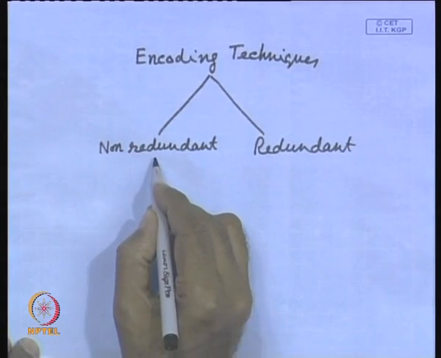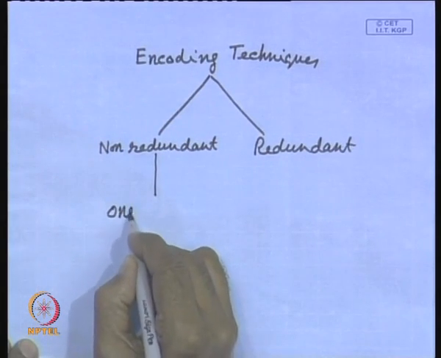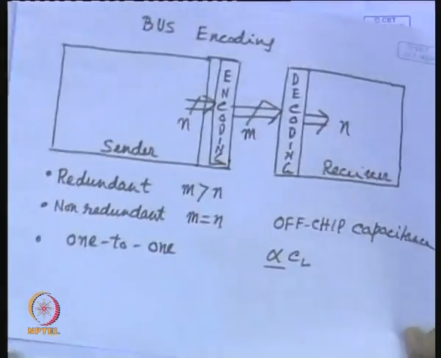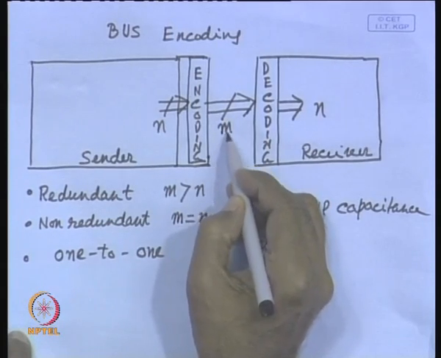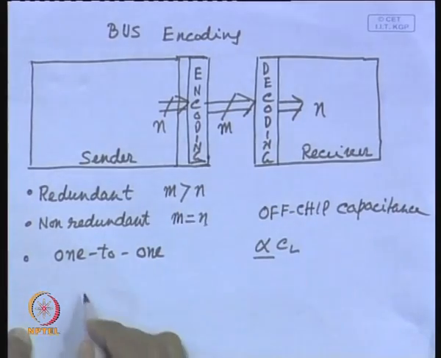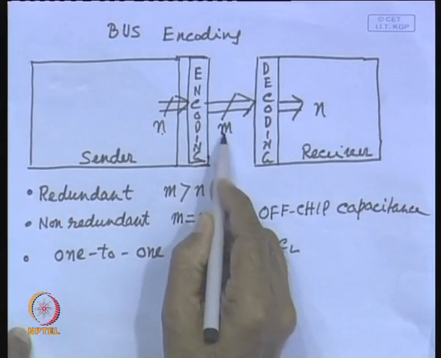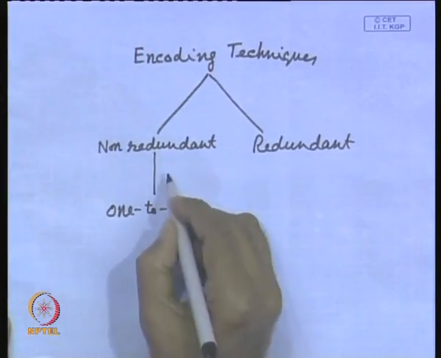Whenever it is non-redundant, obviously it will always be 1-to-1. What do you really mean by that? That means a particular n bit code will always map to another m bit code. When m and n are the same, we call it 1-to-1. That means a particular code here will map to another code here in a unique way. There is no possibility of one-to-many whenever you are having non-redundant coding, that means m is equal to n.